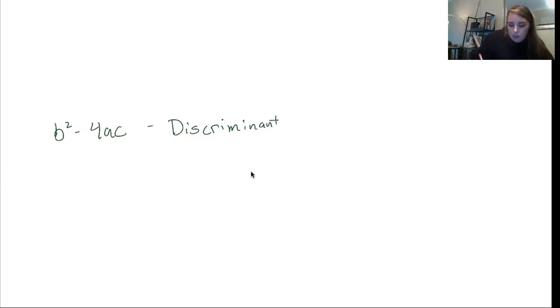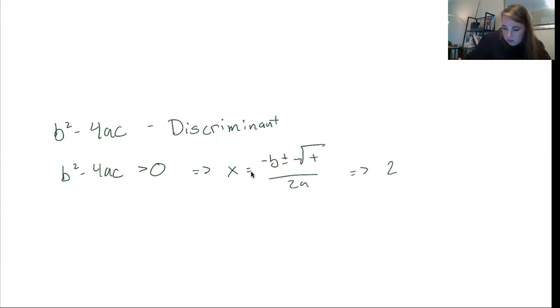So what we saw in problem 1 was that b squared minus 4ac was greater than 0, right? So that would give me that x would equal negative b plus or minus the square root of something positive over 2a. So that would tell me 2 real solutions. Well, then in problem 2, I saw b squared minus 4ac being less than 0.